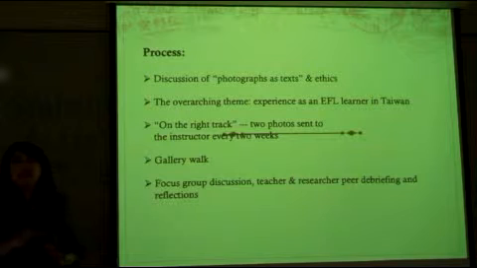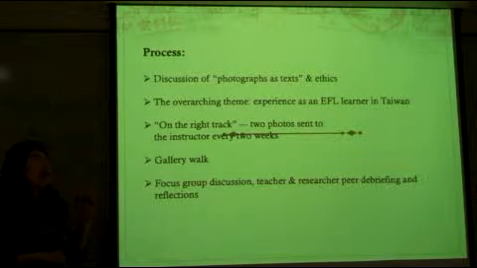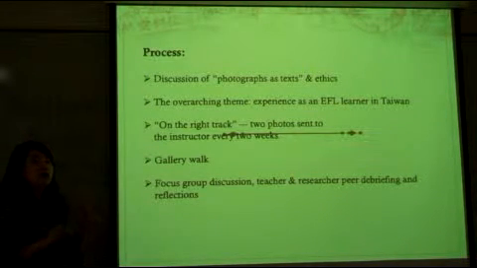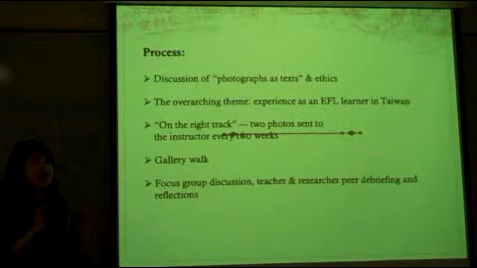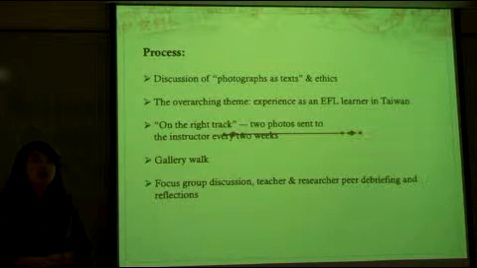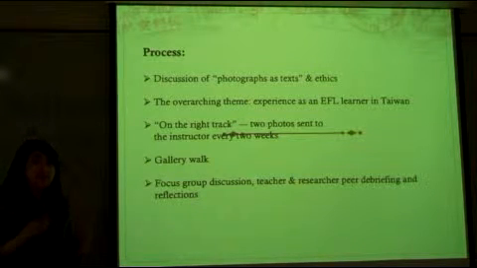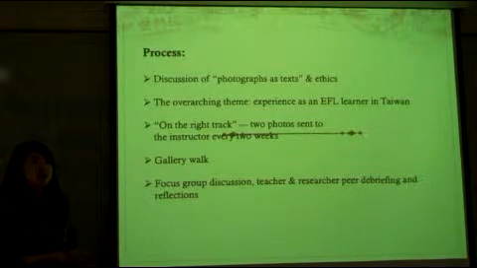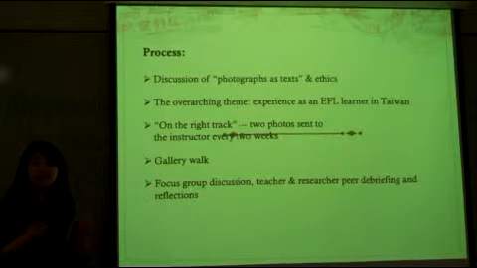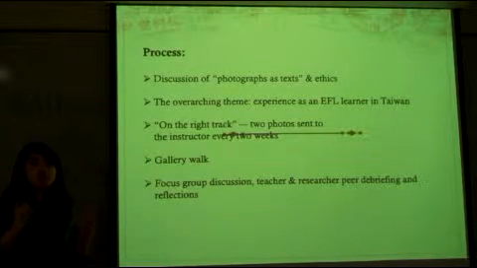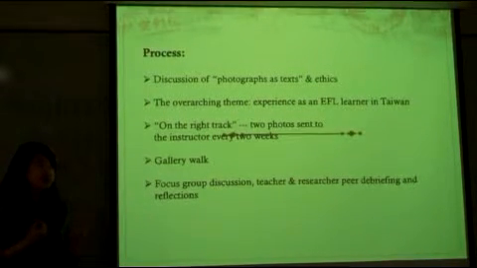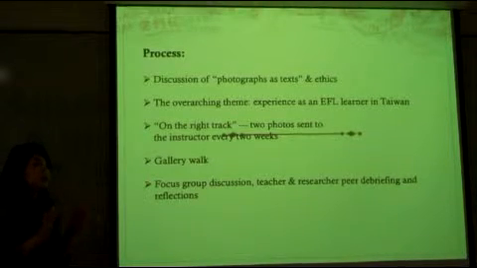So I would like to talk a little bit about the process. First of all, the reason I say it's an adaptation is because the teacher that I work with and I made lots of decisions together. We liked the idea of participatory photography, but we weren't exactly sure what it was going to look like and how it would fit into her classroom.